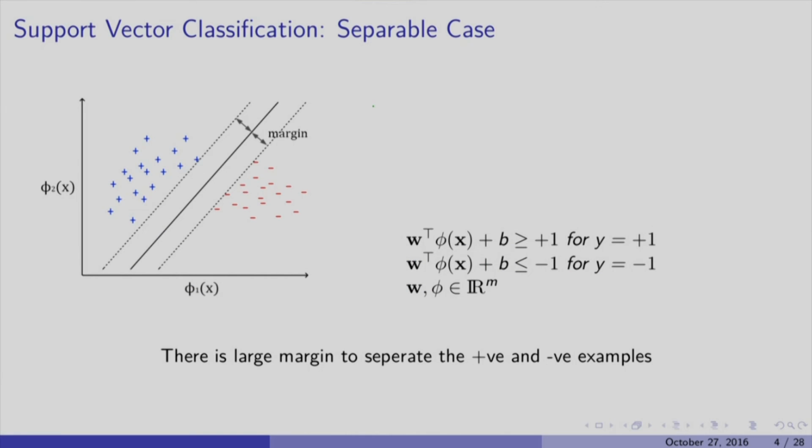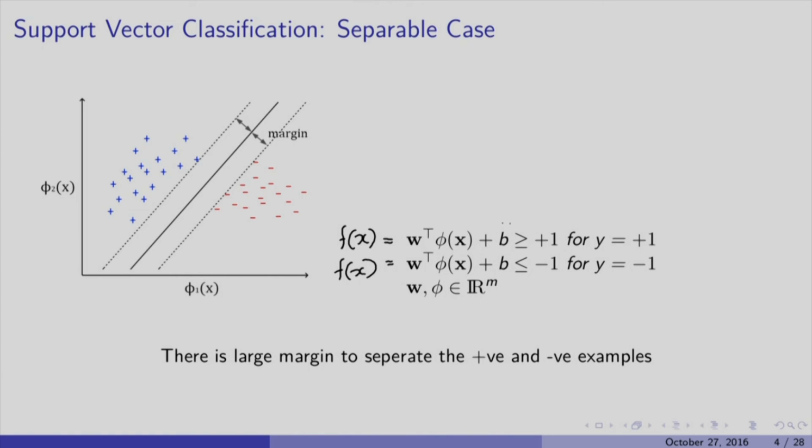Let us start with a separable case. In this case we do not have the problem of entertaining any point within the margin, so we can go ahead and say that the linear function f(x) applied to any point should be greater than +1 for the positive points and less than -1 for the negative points. +1 and -1 are somewhat arbitrary.